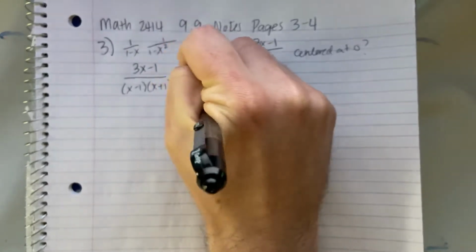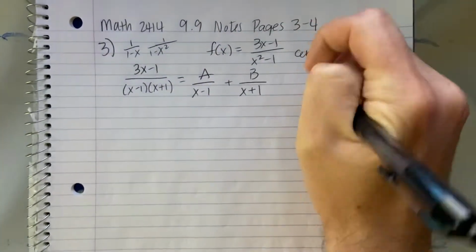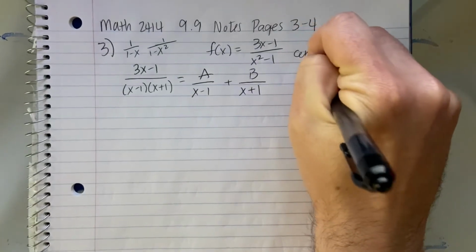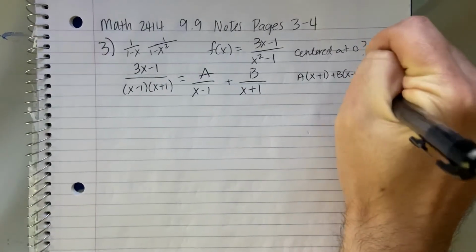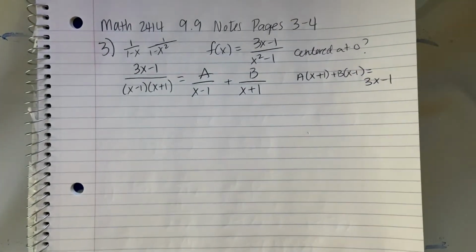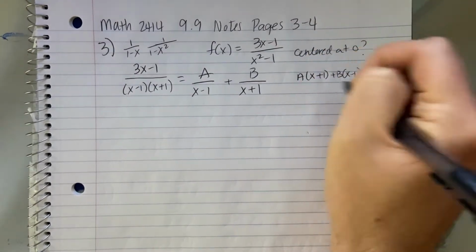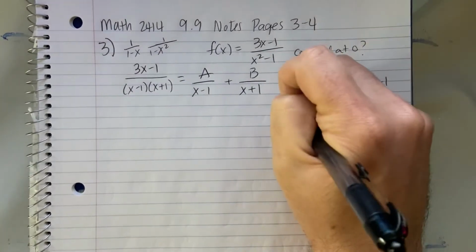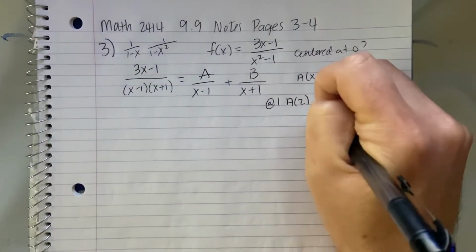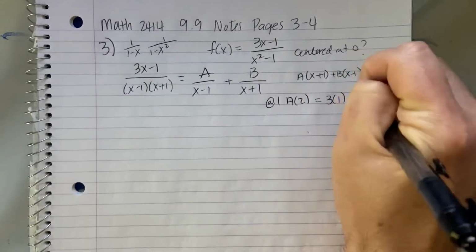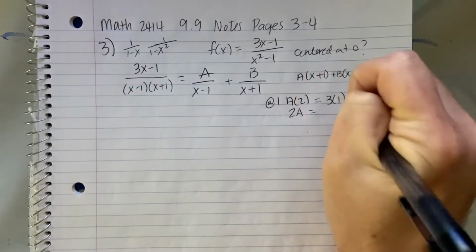It's A over x minus 1 plus B over x plus 1, which of course means A times x plus 1 plus B times x minus 1 is equal to that 3x minus 1. So if we plug in 1, B will die. So A times 2 equals 3 times 1 minus 1, which means 2A equals 3 minus 1 is 2.